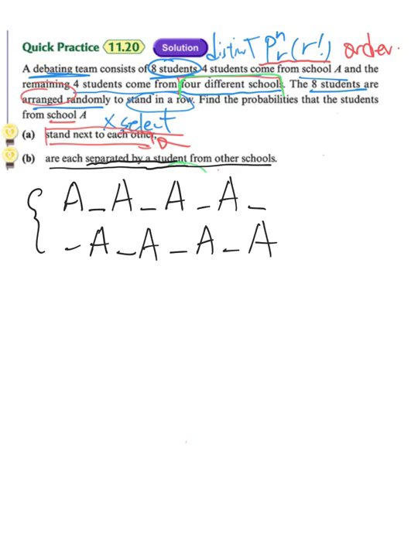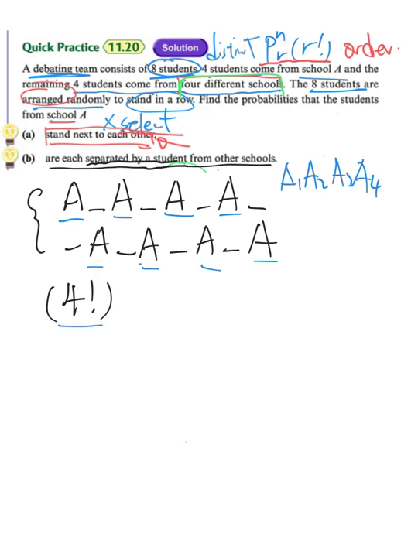The 4 students from school A are put here, and we also need to care that they are distinct, so they need to be arranged in a row, and we have 4 factorial situations, similar to part A. And the students from other schools also have similar situations, similar to part A basically.